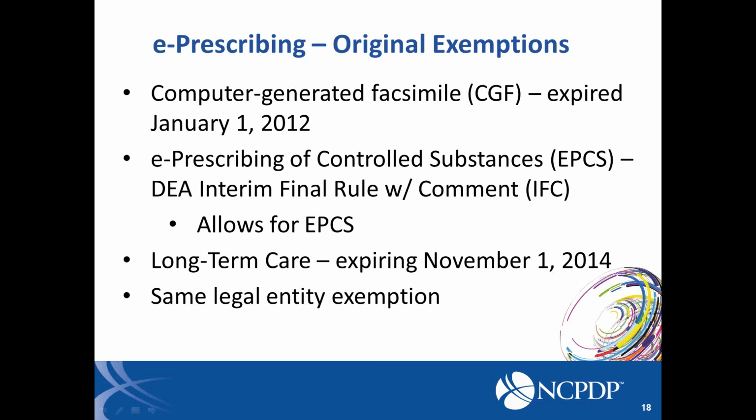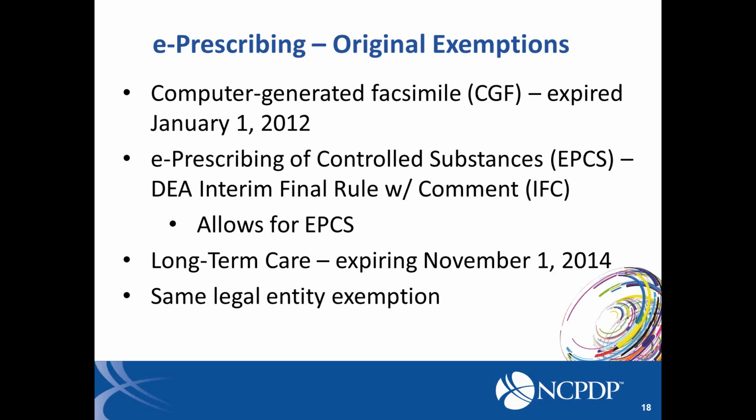And then we also exempted what we call the same legal entity exemption. What I mean by that, I always use Kaiser Permanente as an example, which is a closed system. Everything is within that single entity of Kaiser: the doctors, the pharmacies, the hospitals. But there is a caveat to this exemption.